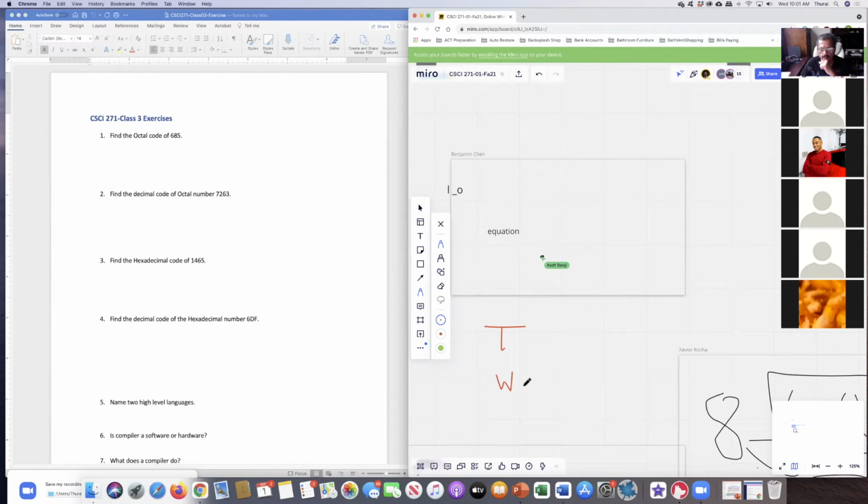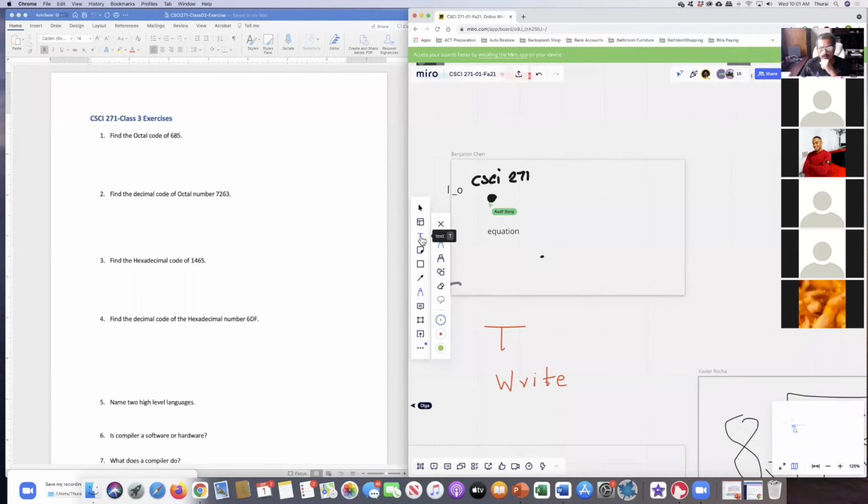You can write with the mouse, but writing with the mouse is clearly not easy. It's kind of painful, but you can handwrite with the mouse. Typing is easier. Click at the T tool, then you'll be able to type your answer.